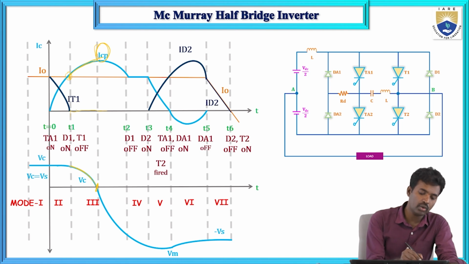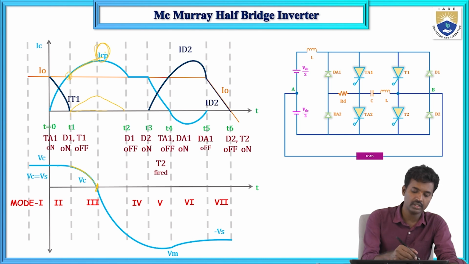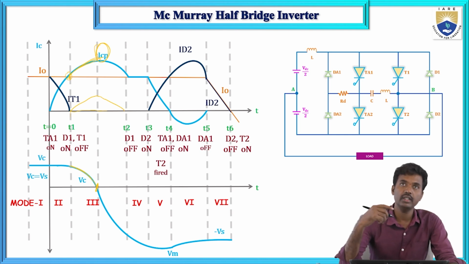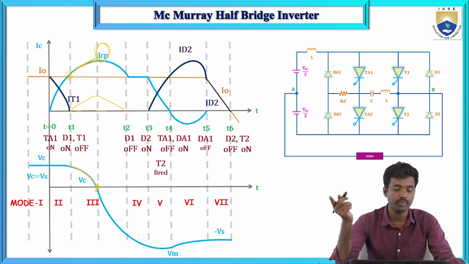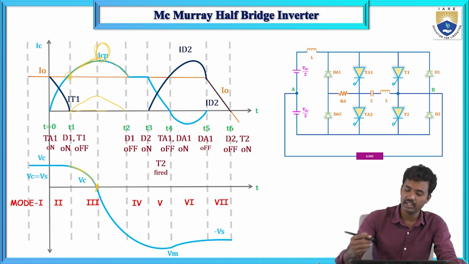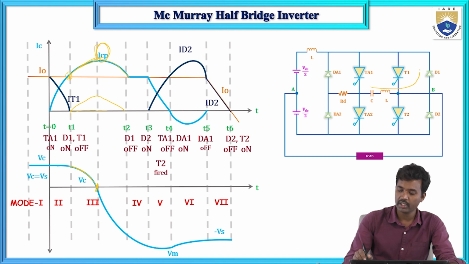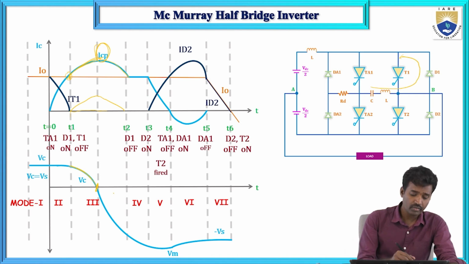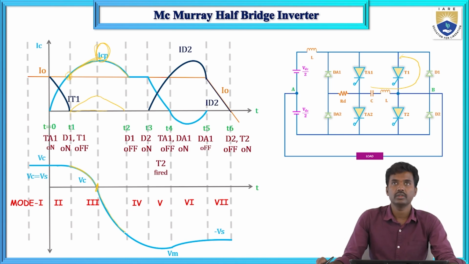Now the diode current is increasing up to a maximum, and then it decreases again. When it reaches the maximum value, the current decreases, and the voltage charges in the reverse direction.